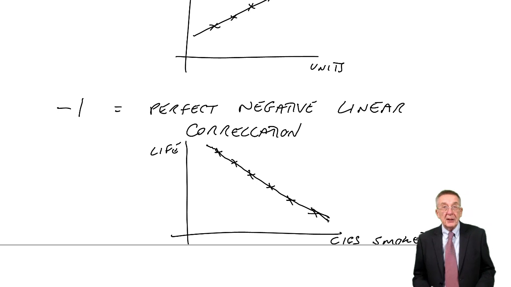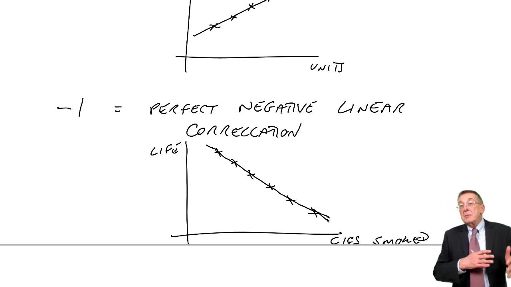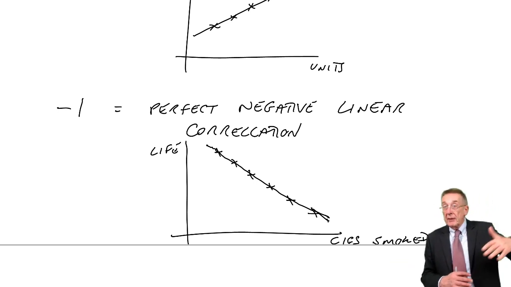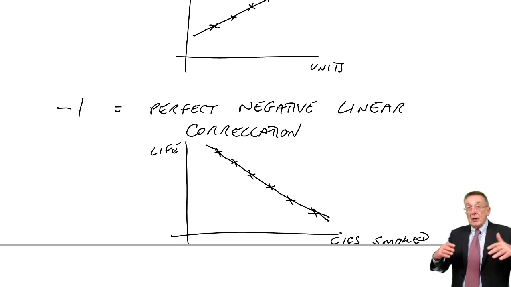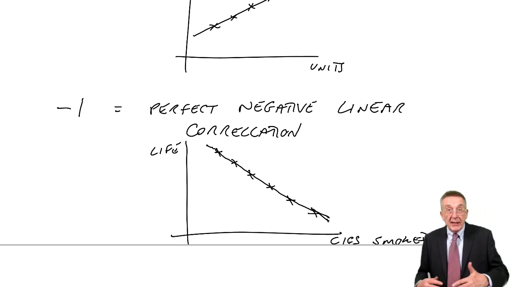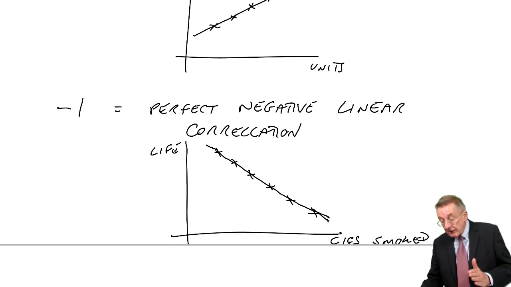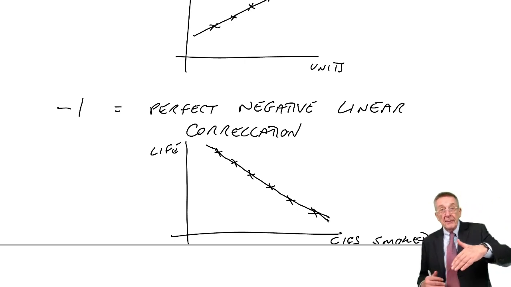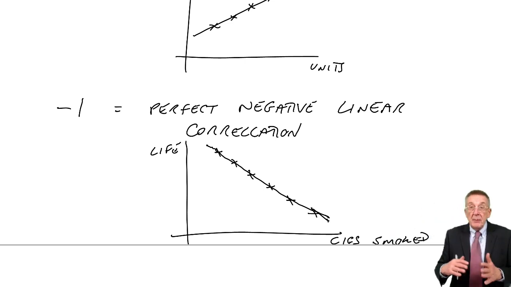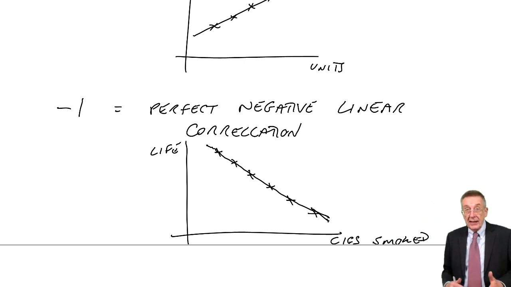Now, it's a horrible example, I know. But smoking more cigarettes is supposed to mean you have a shorter life. Well, you could do exactly the same sort of exercise to try and get an equation relating the two. But as cigarettes went up, life would go down. We'd say with perfect negative correlation.